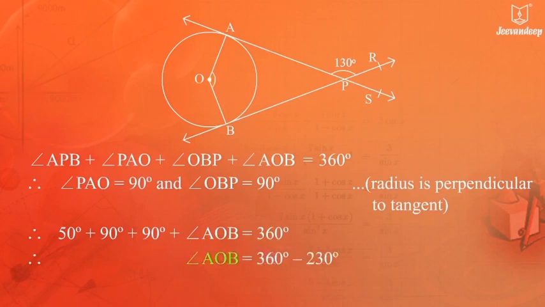Thus, angle AOB equals 360 degrees minus 230 degrees. Therefore, angle AOB equals 130 degrees.